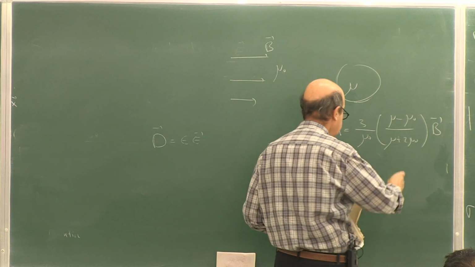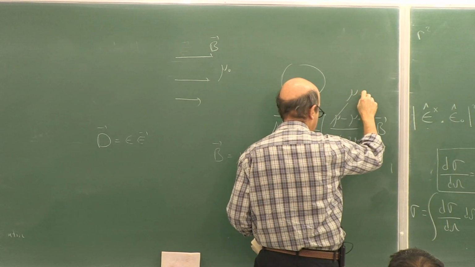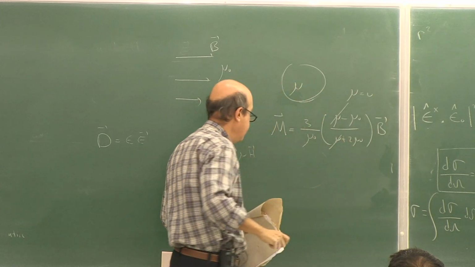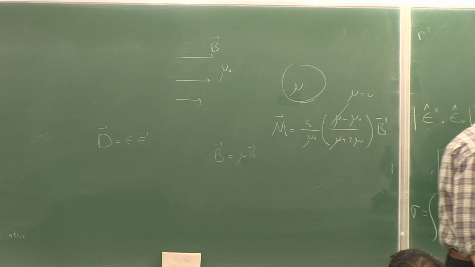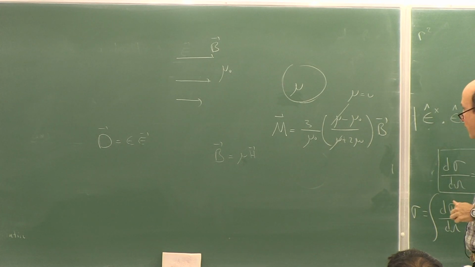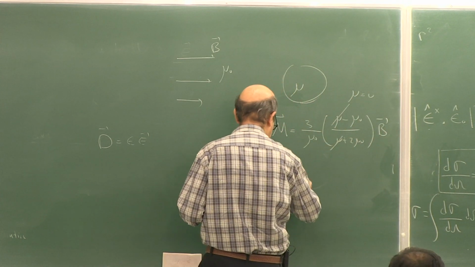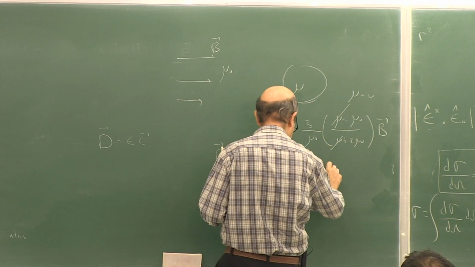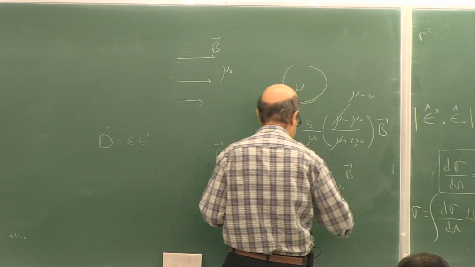So if you pick mu equal to 0, you will obtain the magnetization of the perfect conductor. So the value will be what? M will be minus 3 over 2 mu 0 B.